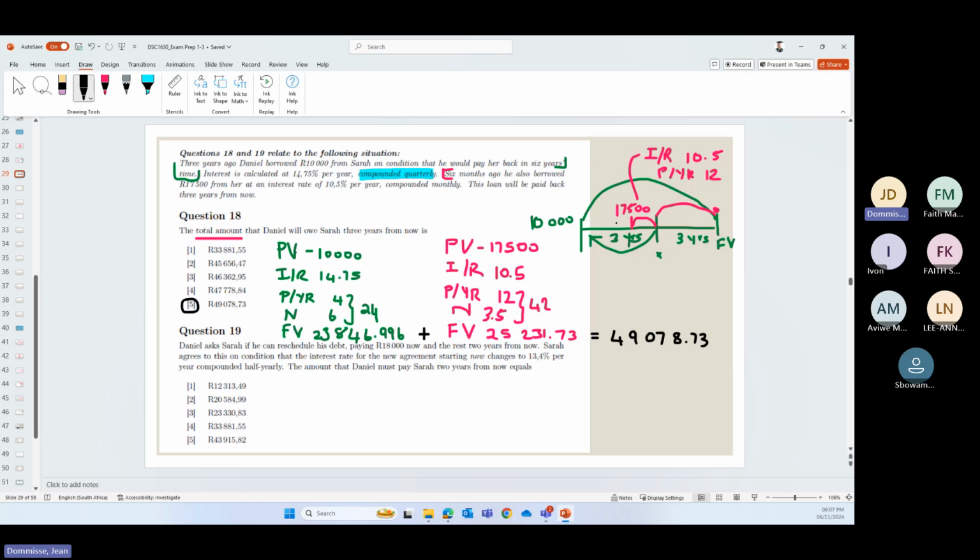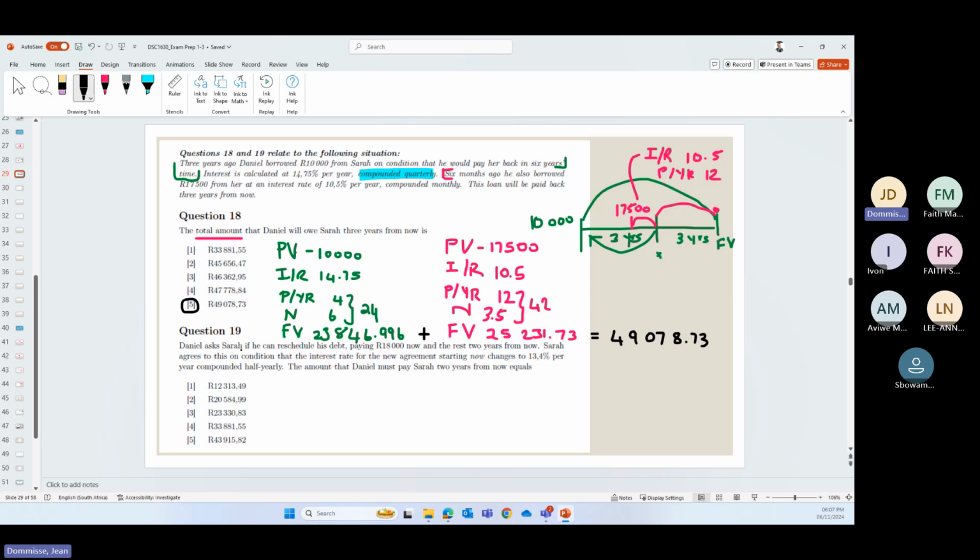So it did change a bit what we needed to put into the calculator, but it is exactly the same process to get to the 49,000. Okay, so we have basically answered that component of the 2 individual loans and what it ended up to be.